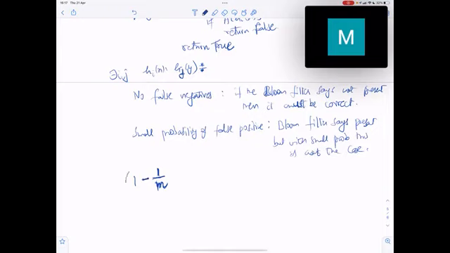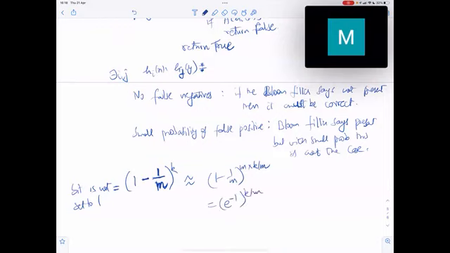So in k times it is not set to 1, the probability is 1 minus 1 by m, whole to the power k, in one insertion. So this is roughly equal to 1 minus 1 by m whole to the power m into k by m. And this is just by the usual approximation, e to the power minus k by m.